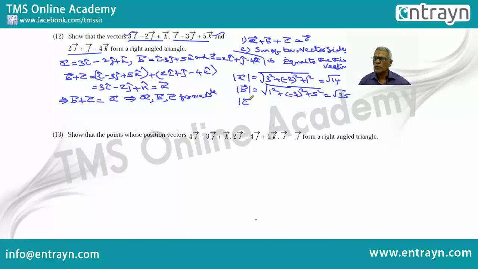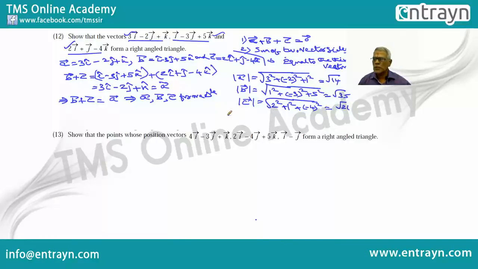Modulus of c vector is root of 2 square plus 1 square plus minus 4 the whole square, which is nothing but 4 plus 1, 5, 5 plus 16, root 21.